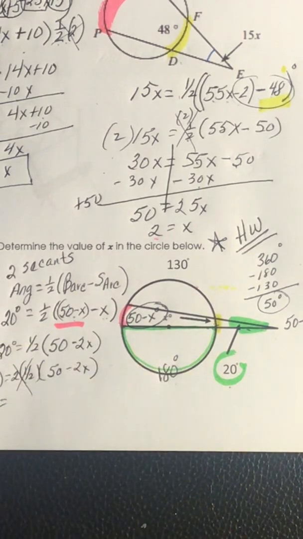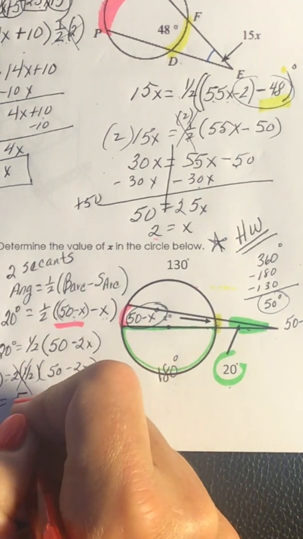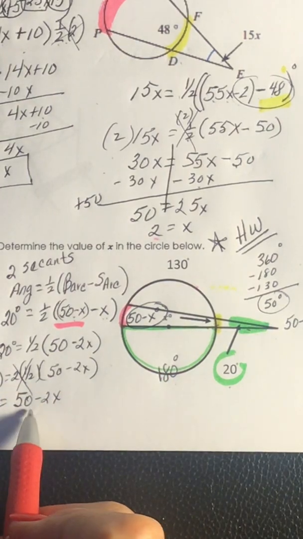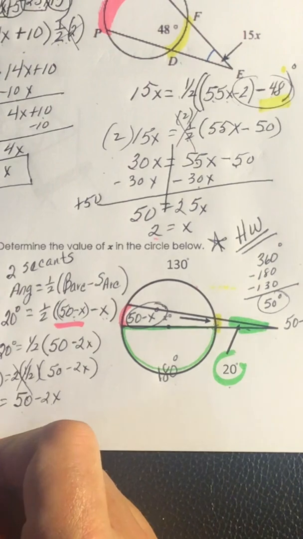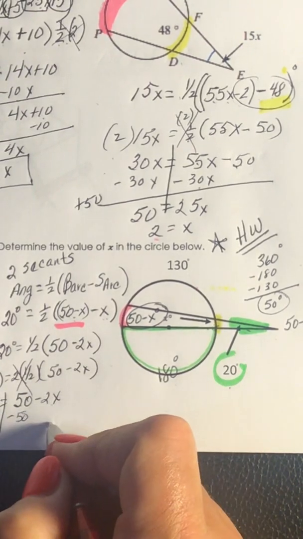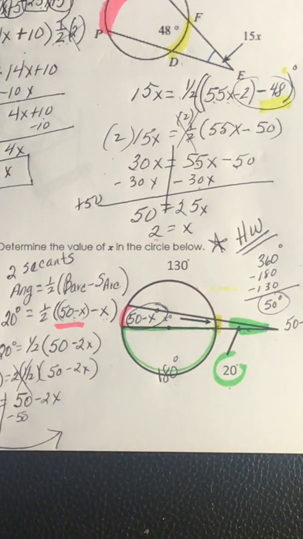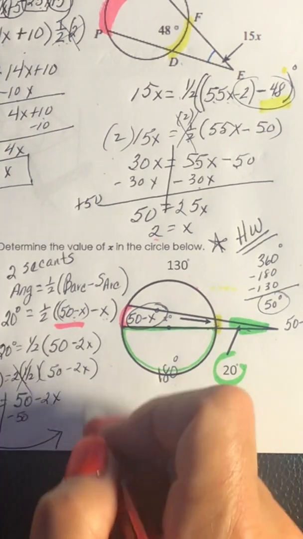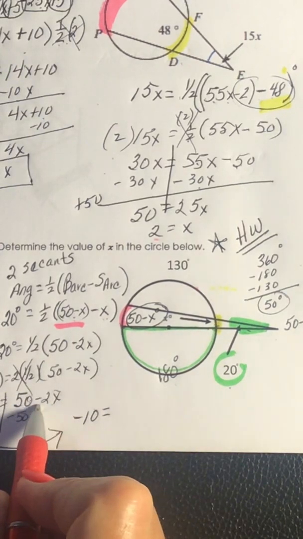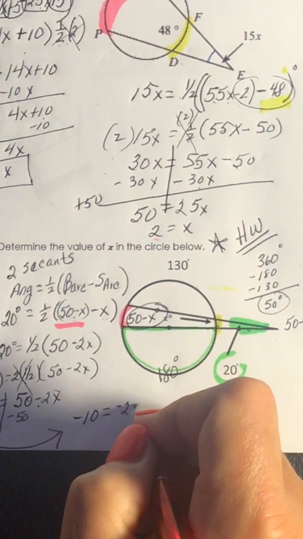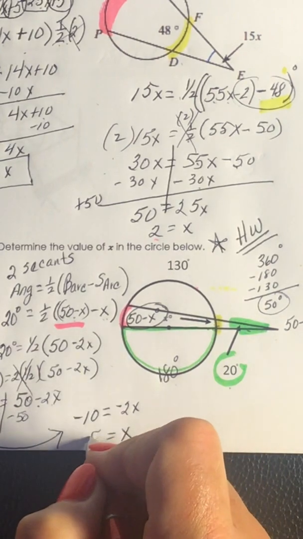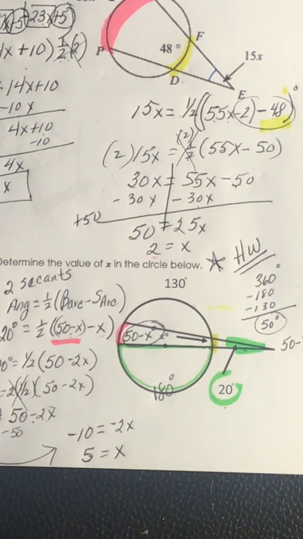The halves cancel out because that's why we're doing it, and we end up with 50 minus 2x. And to get the x's alone, subtract 50 from both sides. We end up with 40 minus 50 is negative 10. Negative 10 equals negative 2x. Divide each side by negative 2, and we actually end up with a positive 5.